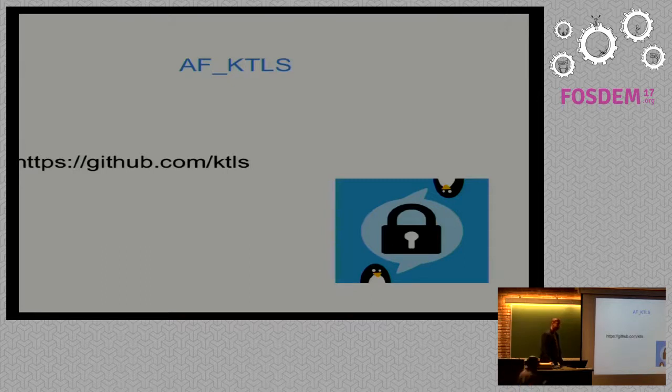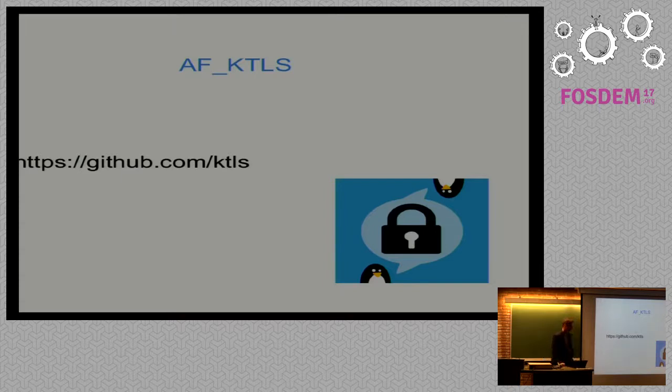Any questions? We have plenty of time. Thank you for the presentation. Do you have any idea of when this will be included in the normal Linux kernel? Obvious question, maybe.